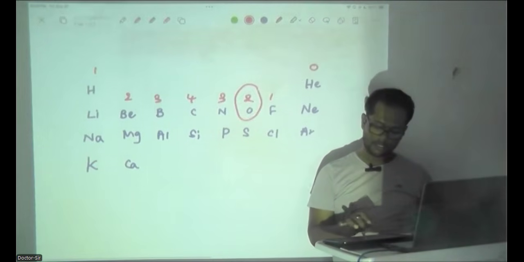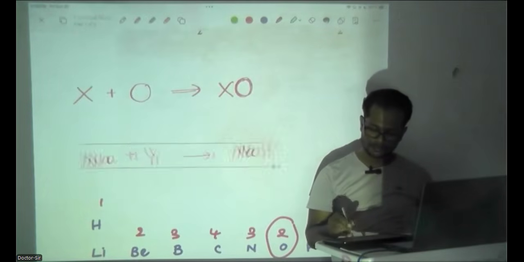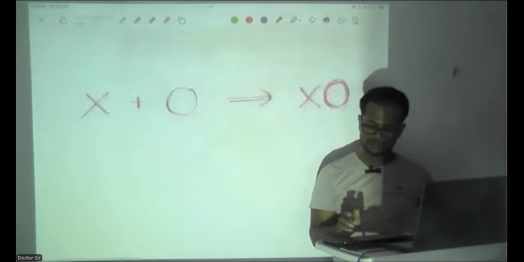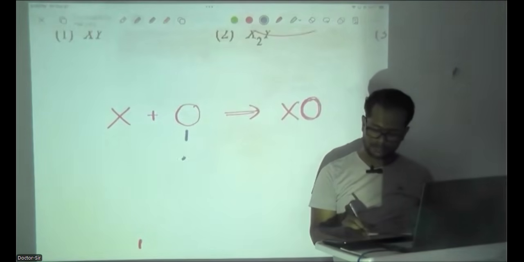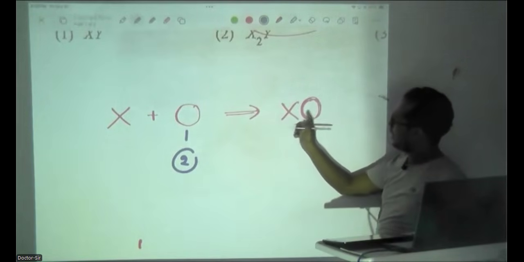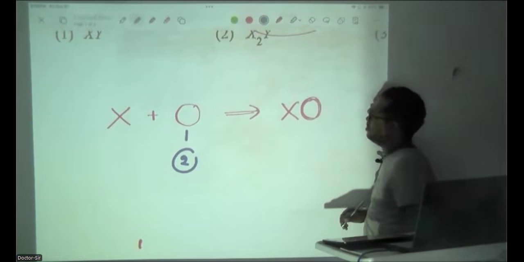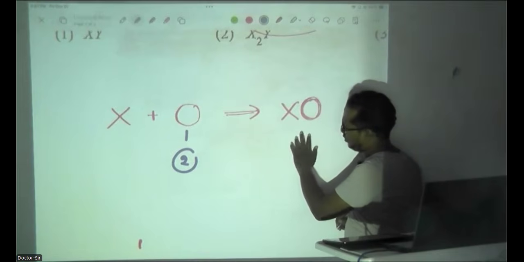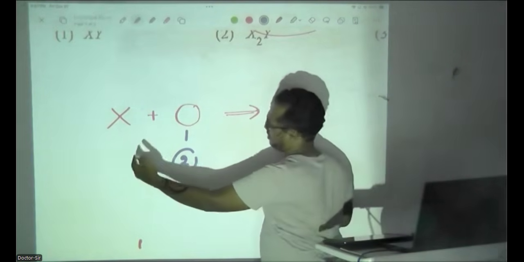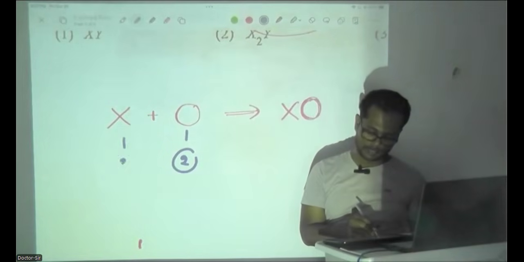Now we will apply these valencies here. I know the valency of oxygen is 2. But in this formula, X and oxygen are in a 1:1 ratio. So oxygen valency is 2, so definitely X valency must also be 2.